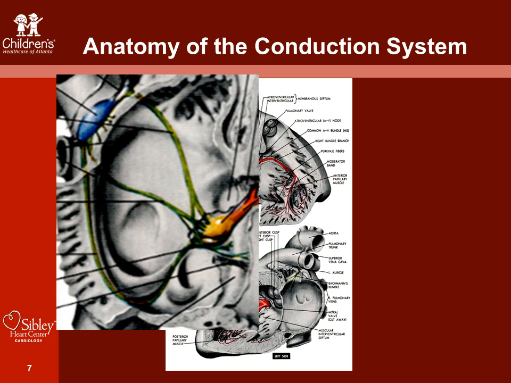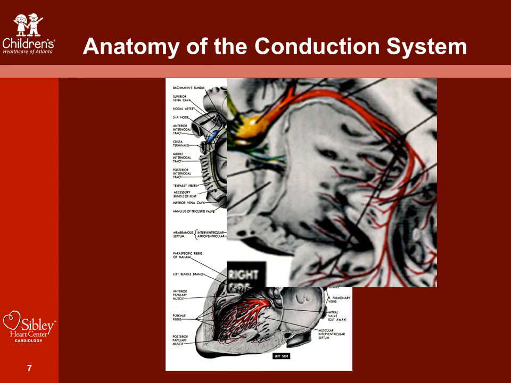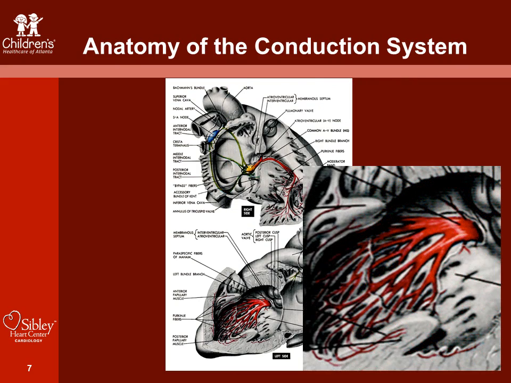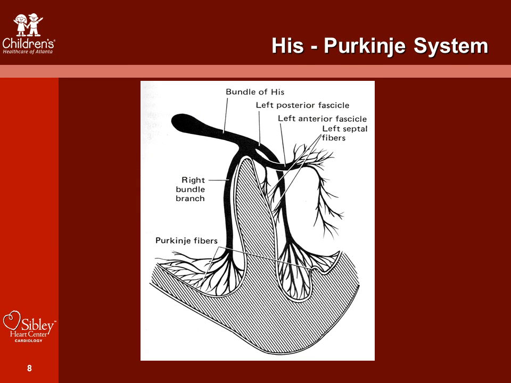And again, this is just a close-up of the AV node and a close-up of the bundle branch leading to Purkinje fibers. If you hear someone refer to the His-Purkinje system, this is what it entails.